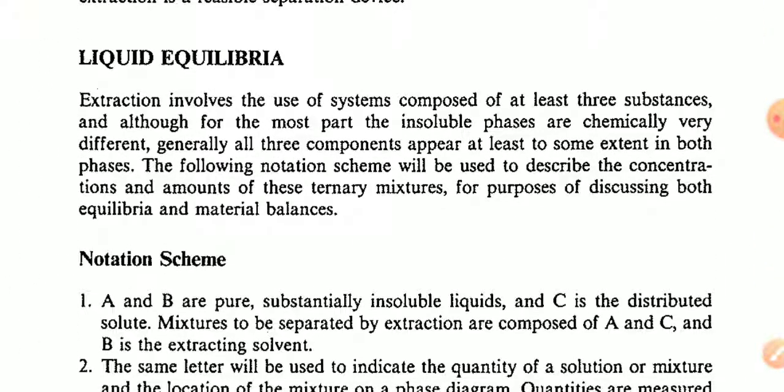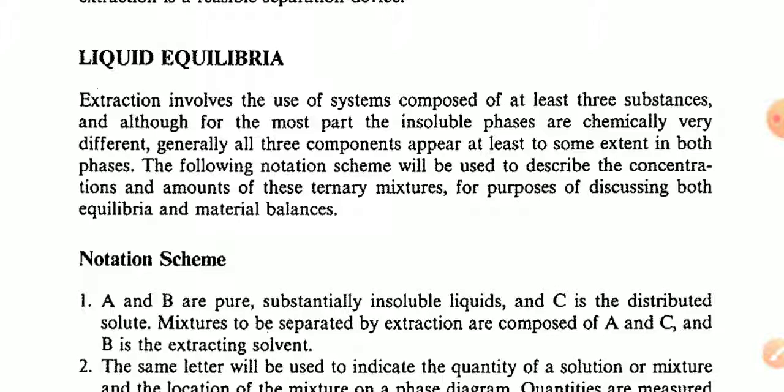Liquid equilibrium in extraction involves the use of a system composed of at least three substances, and although for the most part the insoluble phases are chemically very different, generally all three components appear to at least some extent in both phases.